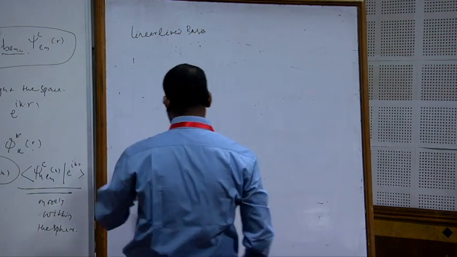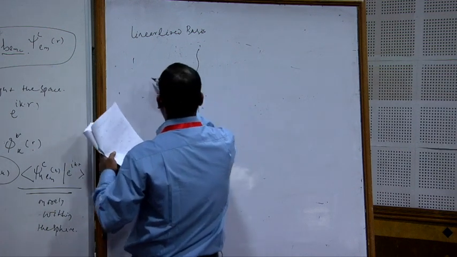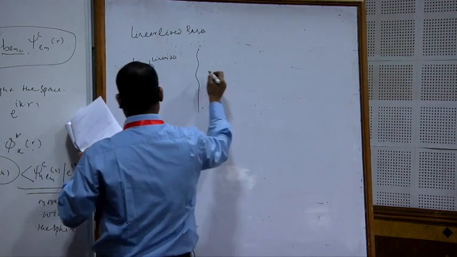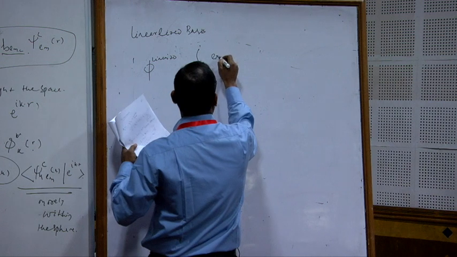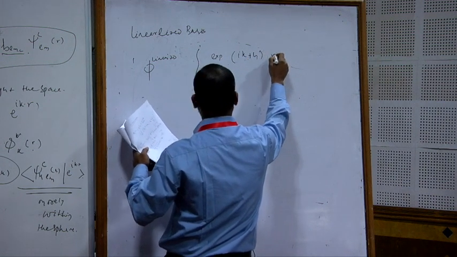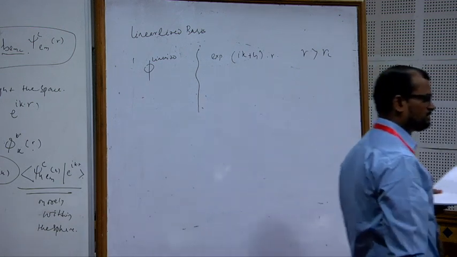In the linearized basis, you take, let's say, phi linear. You take the plane wave component as it is for outside the sphere.